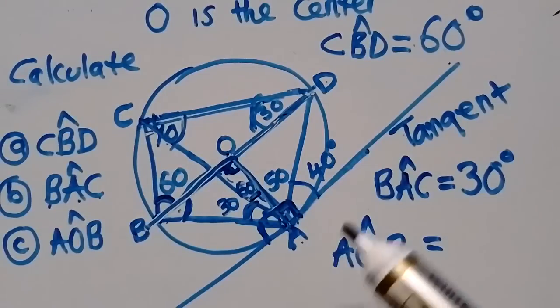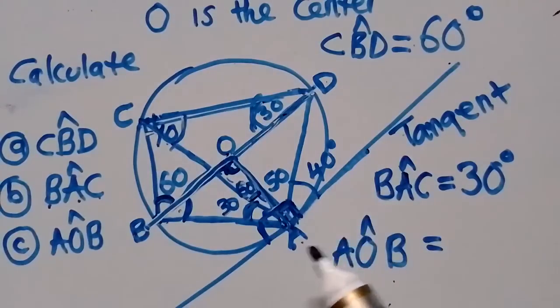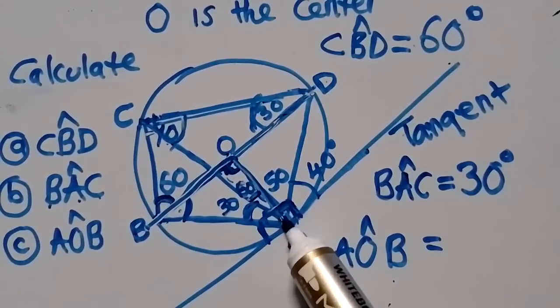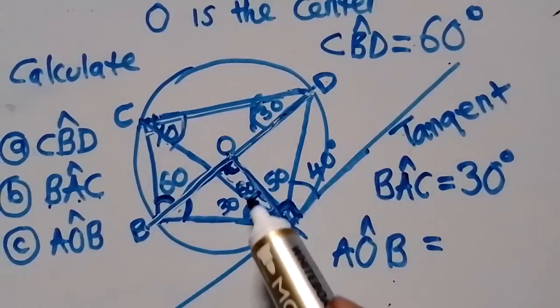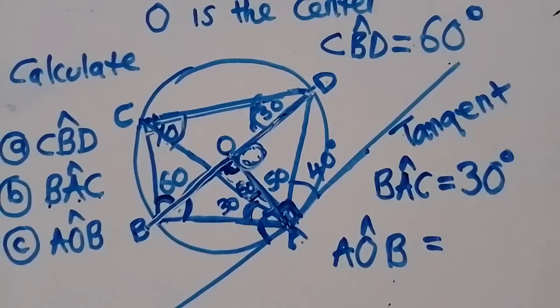When you check inside, this one, when it goes there, is not really making a 90. Let's find the angle that is there first.